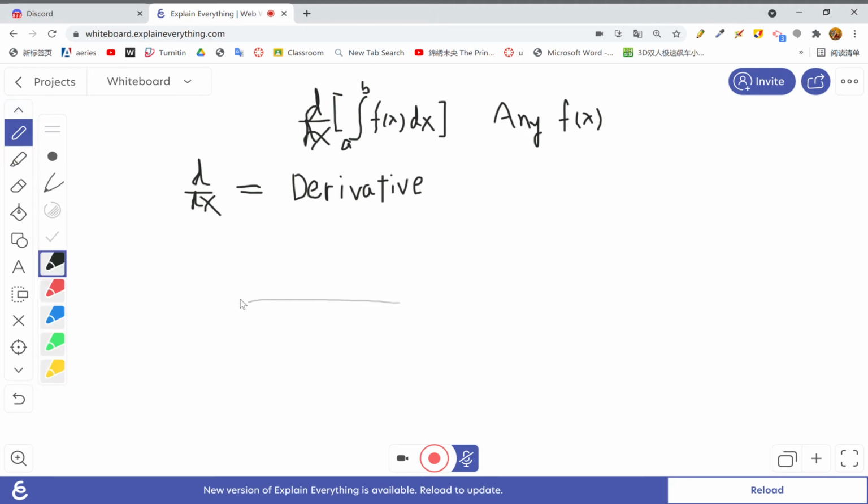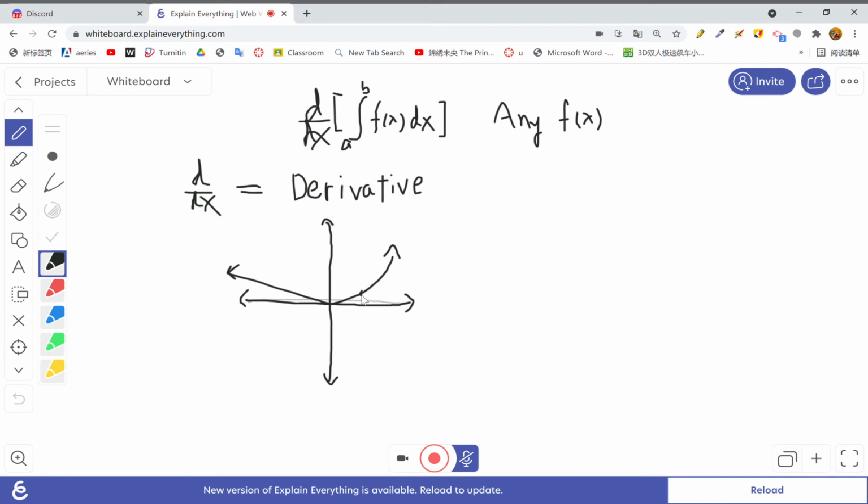Okay, this is basically just the x and y axes, and let's say we have a function like this, and then it's going like this, a function that looks like someone's dancing, right?